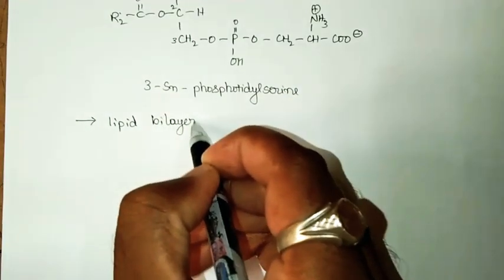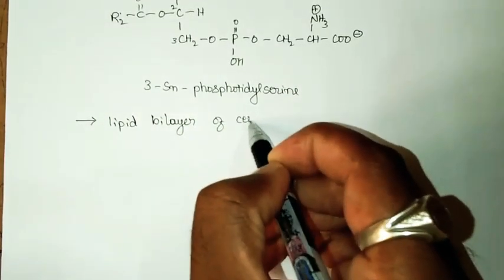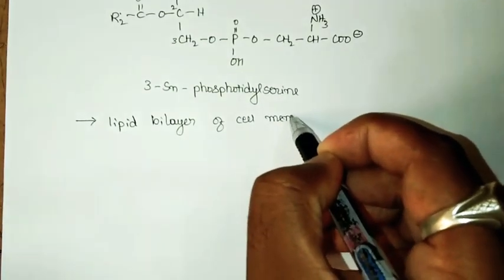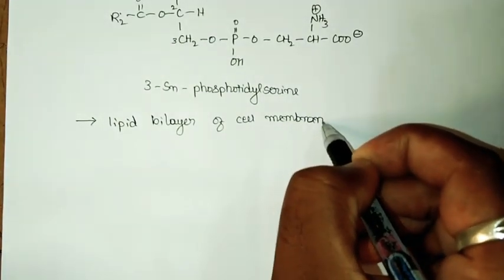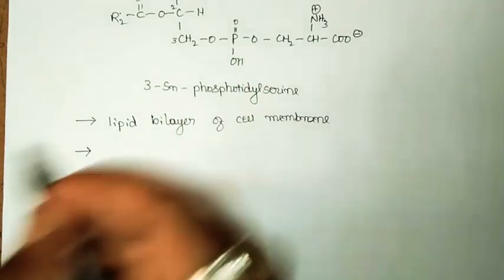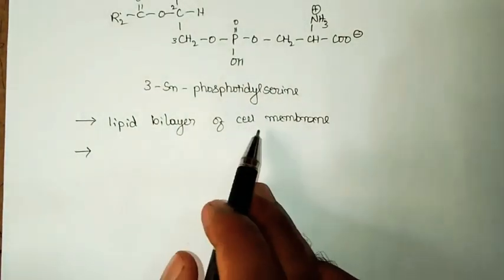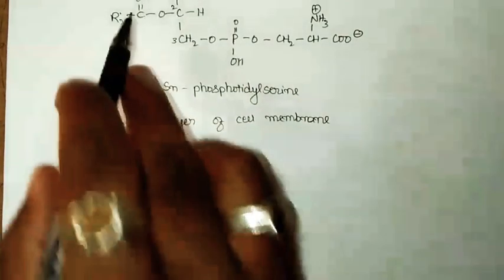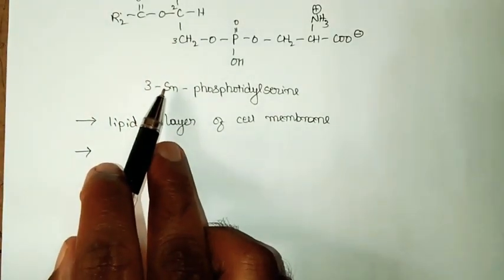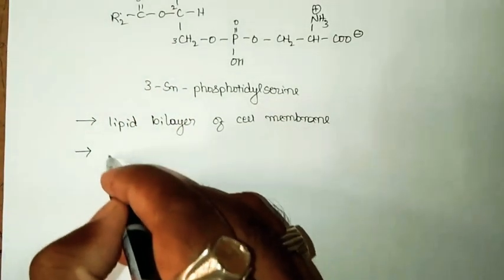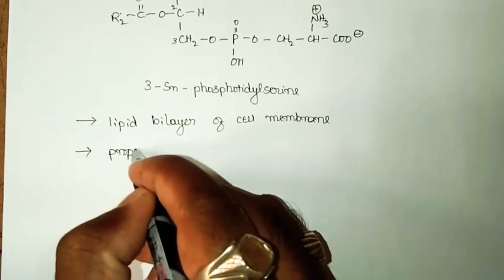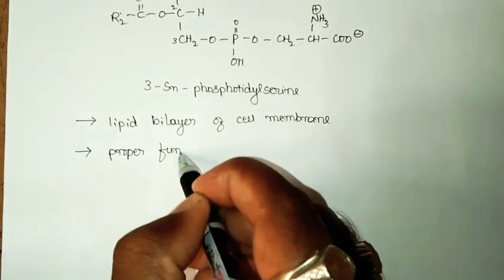Lipid bilayer of the cell membrane. And apart from occurrence in the bilayer of the cell membrane, this phosphatidyl serine is compulsorily required for proper functioning of brain cells.